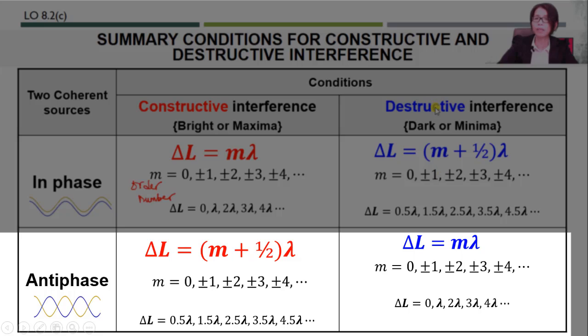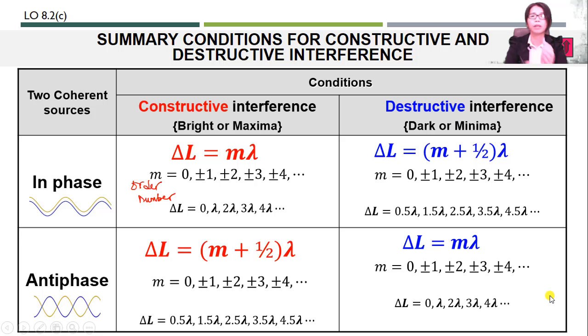But to obtain a destructive interference for antiphase coherent sources, the path difference must equal m lambda. It means that if the path difference between the two antiphase coherent sources is lambda, 2 lambda, 3 lambda, or 4 lambda, then we will observe a destructive interference.